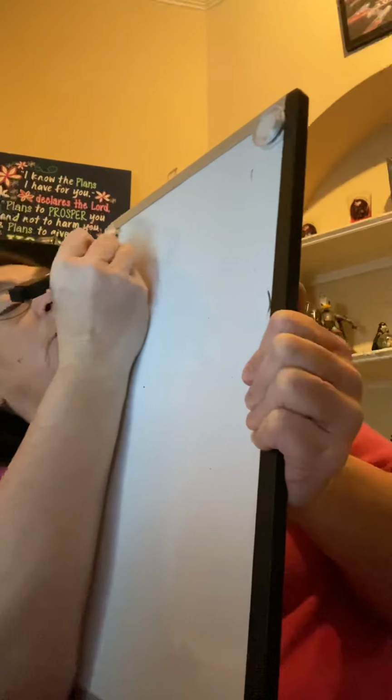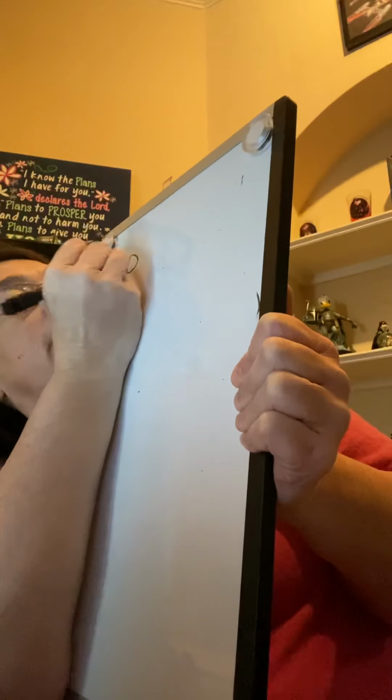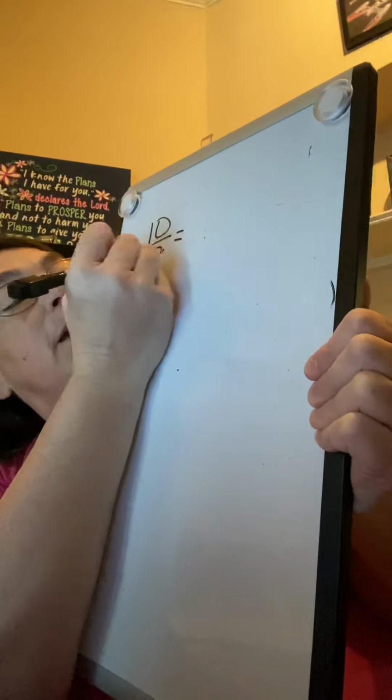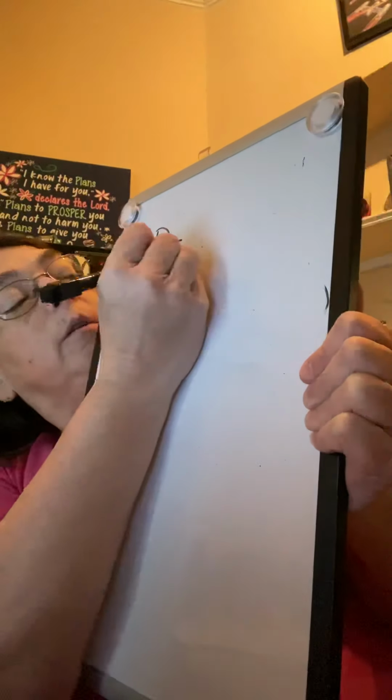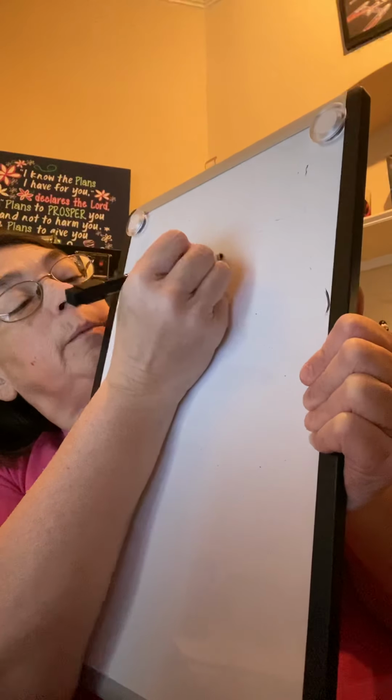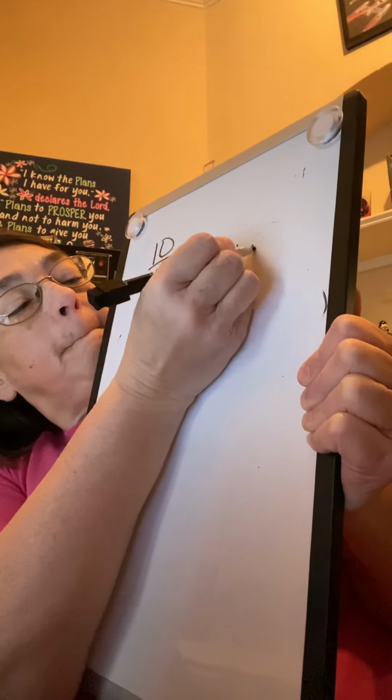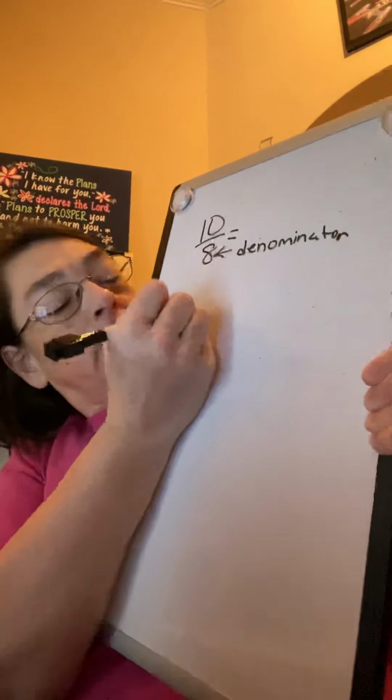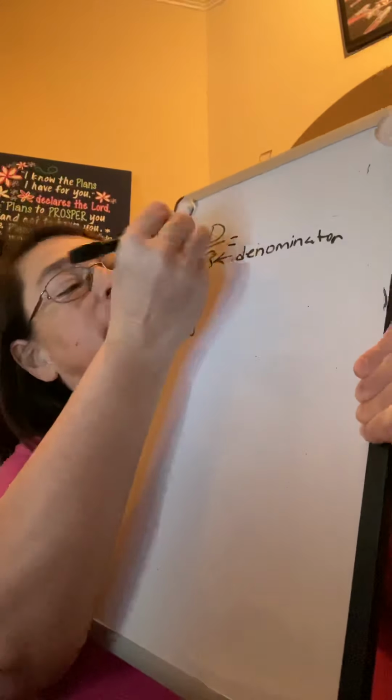Okay. All right, so your first card said 10 over 8. Okay? So I'm going to take my denominator. So this is my denominator. So I put the 8 here. This is my numerator.